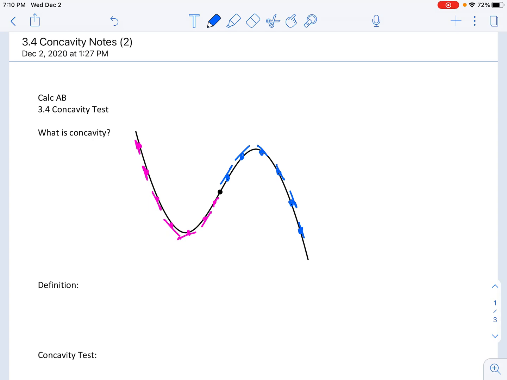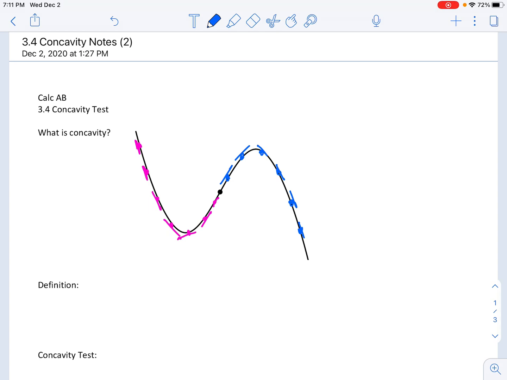So what I've done here is I've drawn a bunch of little teeny tiny tangent lines to this random cubic function. I want you to answer the question that follows in a second about what you notice about the pink lines relative to the function versus the blue lines. There's a couple different things going on here, so let's see if you can figure it out.